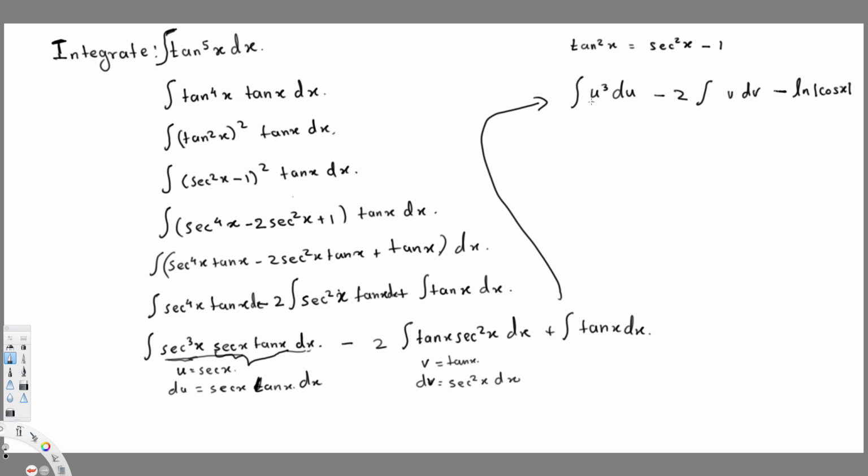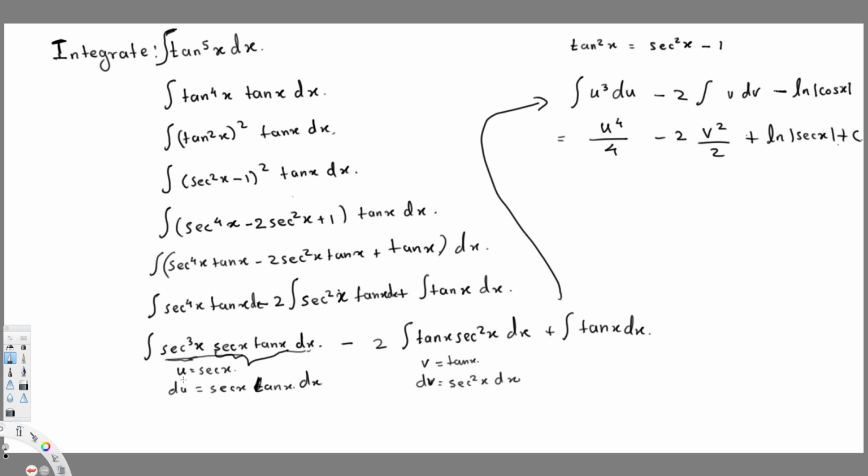If I find the antiderivative, this is going to be u^4 over 4, minus 2 v square over 2, and this is minus ln cos x. Some people prefer sec x, so you can also write this as plus ln sec x, both are the same thing. All you have to do is simply replace u and v by their values.